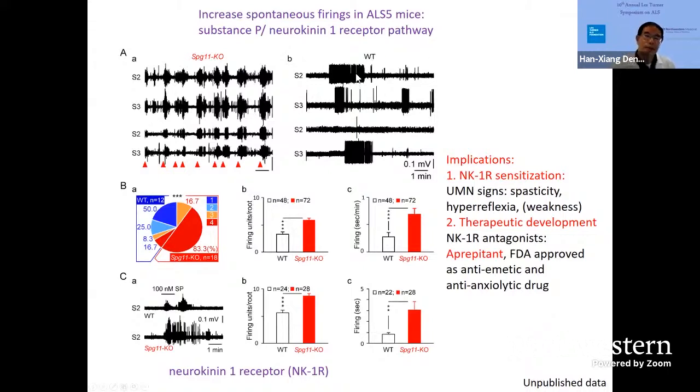And this is the control. What they observed is that these mice, even though they're not moving, have synchronized firing from the anterior root. You can see the firing is synchronized. If this one is firing, the other one is also firing, synchronized.